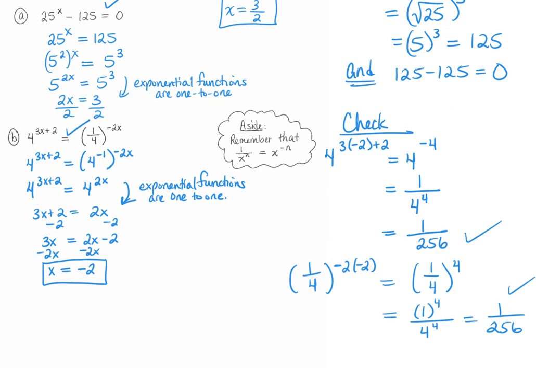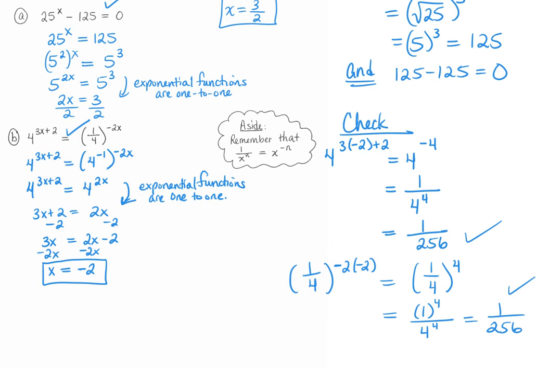What can help you know what you're doing? Remembering the rules. What are the rules? If the bases are the same, the exponents equal each other. So the goal is, if they're not given to you with the same base, you should try to figure out how to get them with the same base.